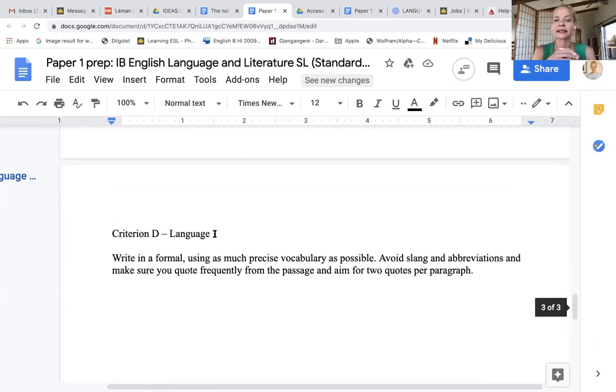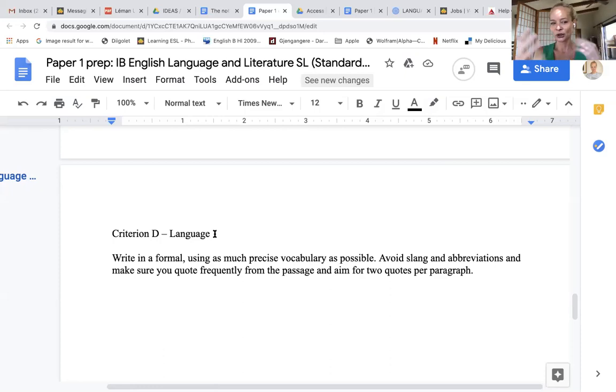And then finally, language. So my only suggestion for that, obviously, read, write as much as you can, because that's the best way to become a better reader and writer. But that said, let's say it's 5 minutes before the exam and you just want something quick. So what you want to do is use the most precise vocabulary possible and avoid slang and abbreviations.